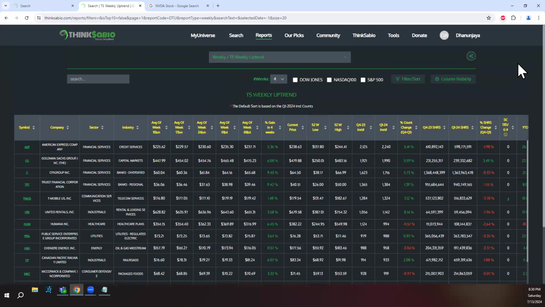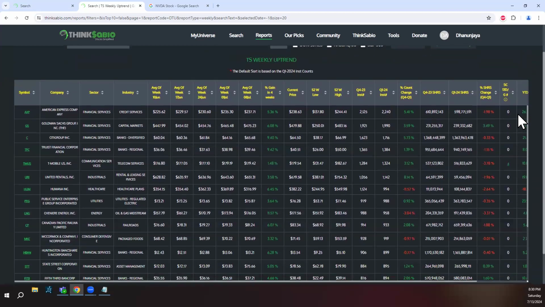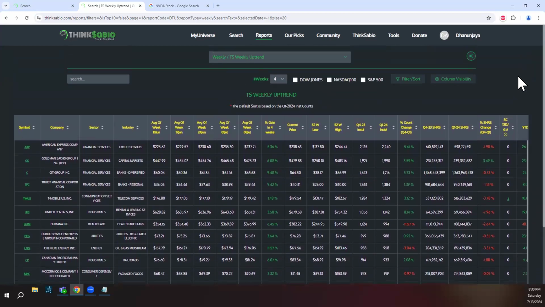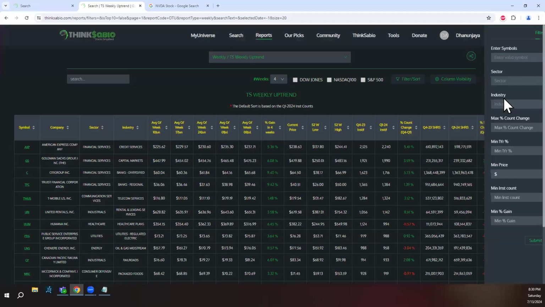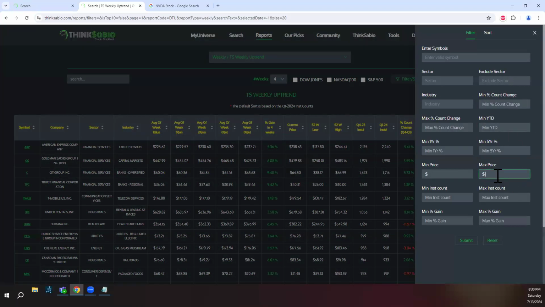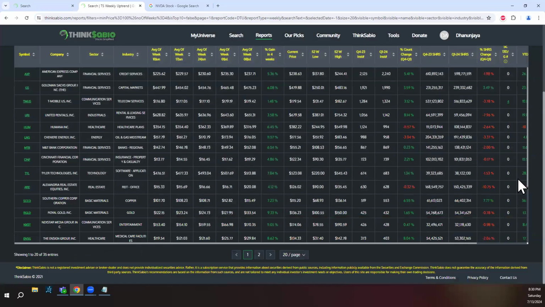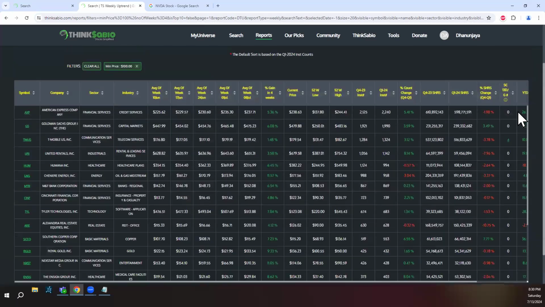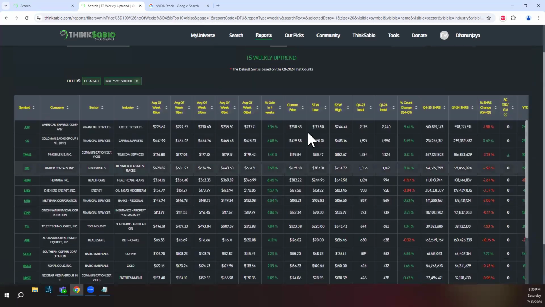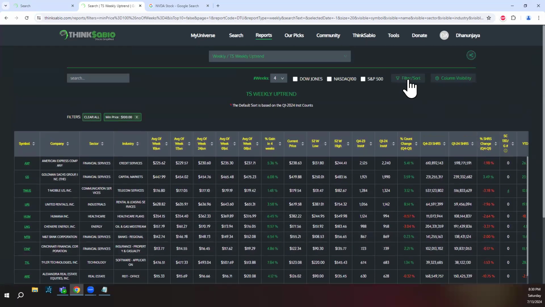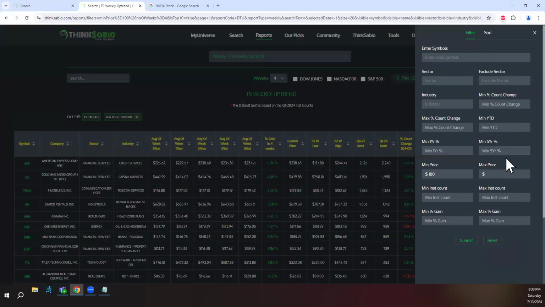So okay, certain things to focus on versus certain things not to focus on. Based on research, let's say you're an option lover, for example. I will put a minimum of $100 is what I want to see. For example, when I want to see $100 stocks, I get a certain number. Now I want to see financials, which, as per my observation in the last 2-3 weeks, have been better than other sectors.